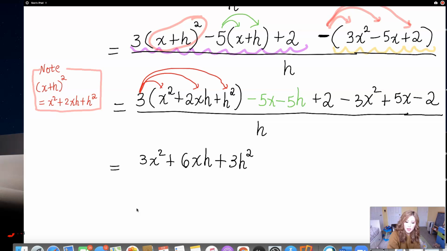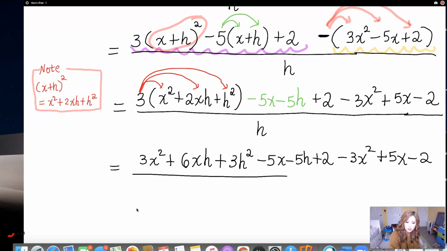You're not going to believe how many top math students sometimes make silly distributing mistakes. So that's why I want to take my time when I'm doing this. Okay, all over 2h. Okay, we better have a lot of things canceling out.